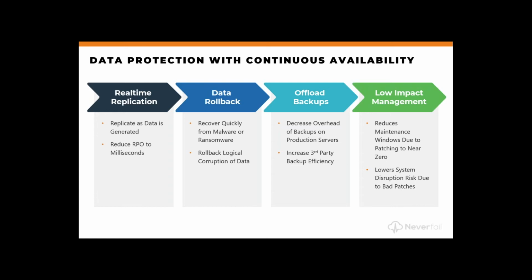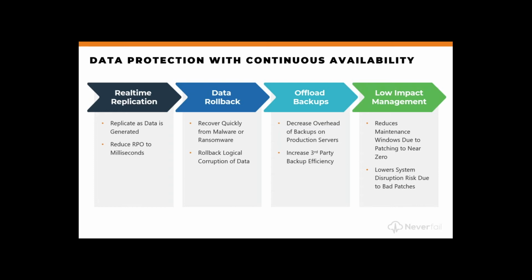So we have what we call a data rollback module that allows you to quickly recover from malware and ransomware. It gives you rollback capability in case of the corruption of data. It also enables you to offload your backups. A lot of CPU and horsepower goes into running backups on your production servers.